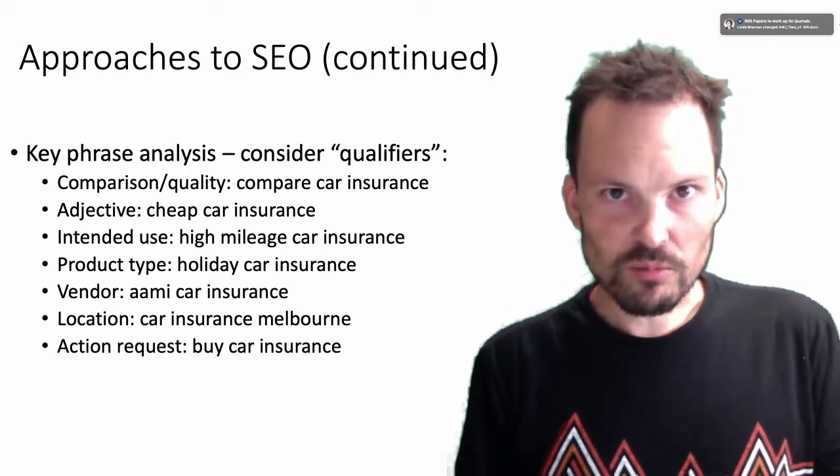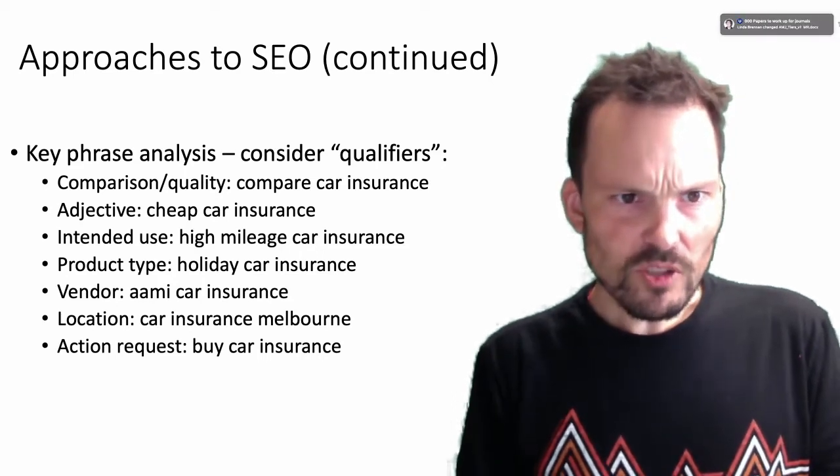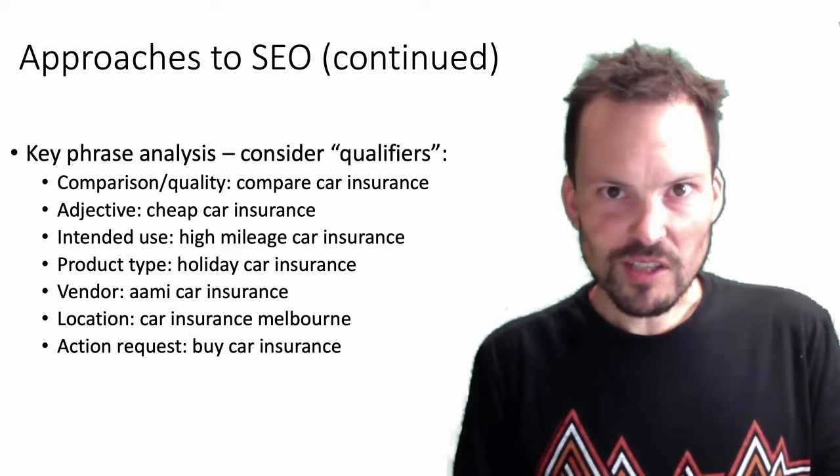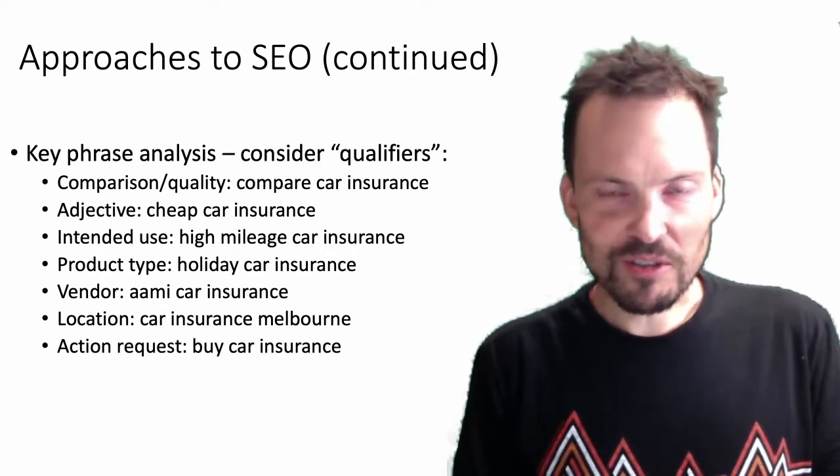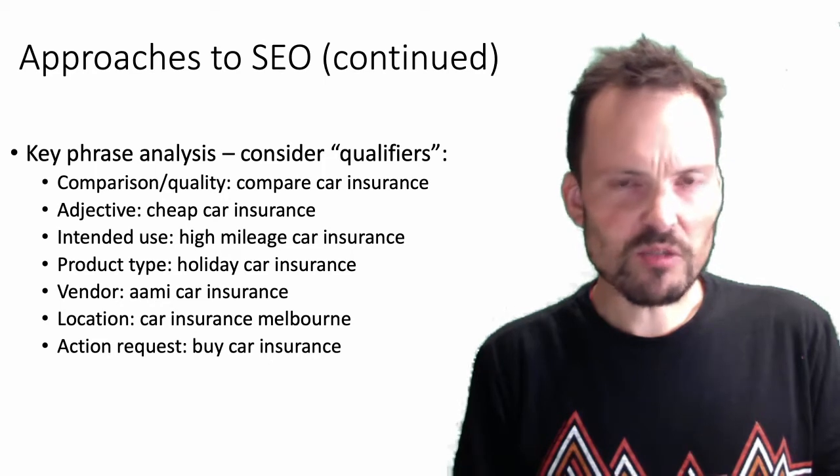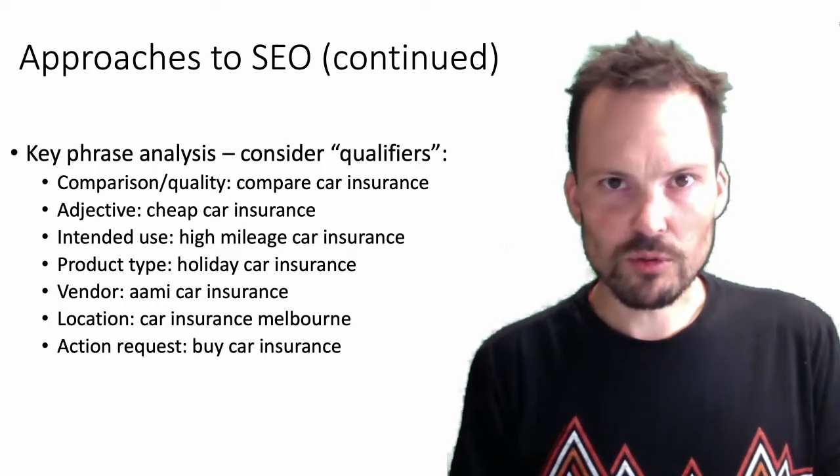Another thing to remember here is that qualifier terms such as best or review, and those types of words, there's been an explosion in the popularity of those types of keywords in Google.